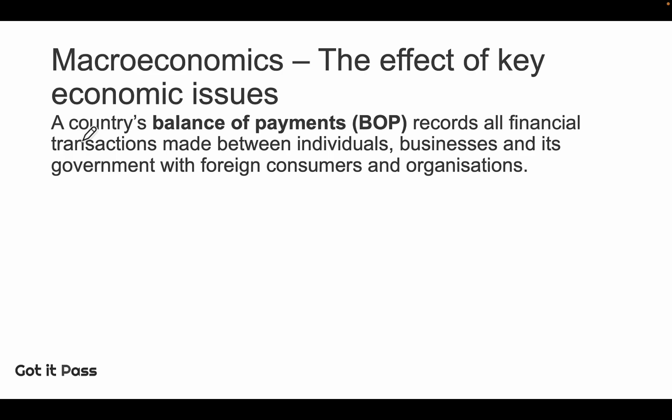So it's about a country and foreign consumers and organizations, including individuals, businesses, and governments. So there are three types: individuals, businesses, and governments, and how the transactions between them with foreign consumers and organizations.